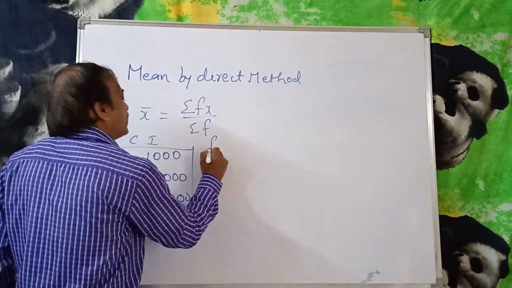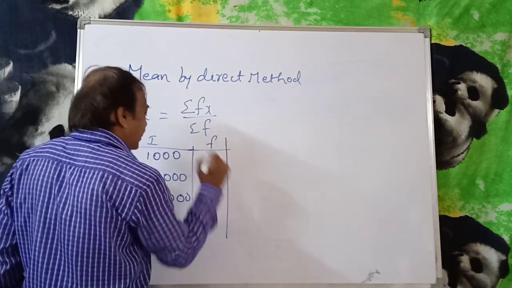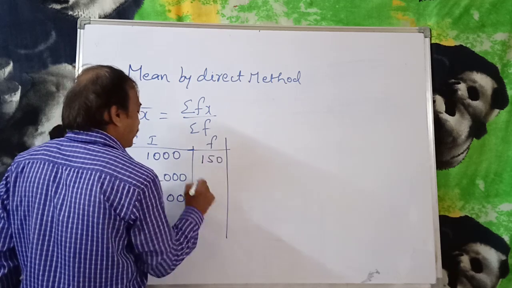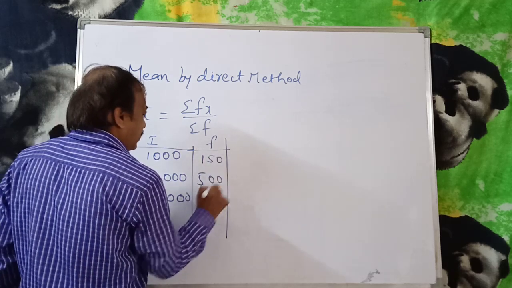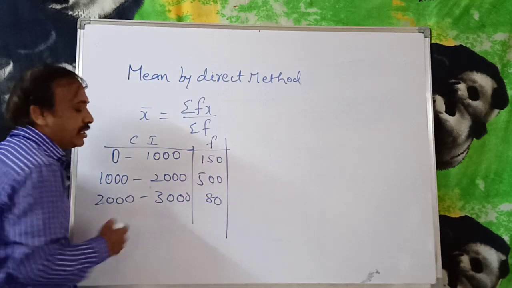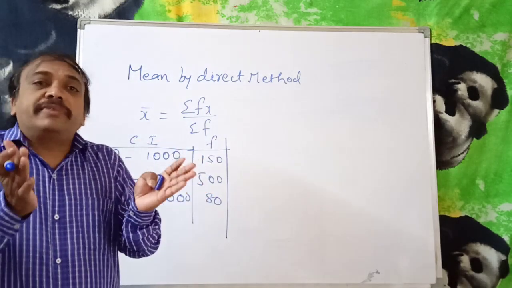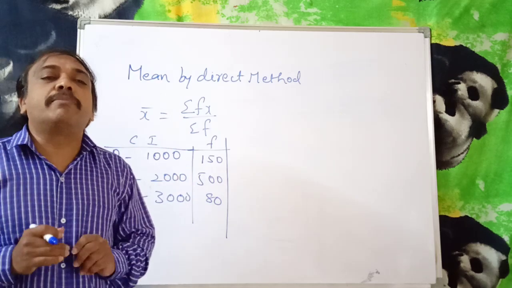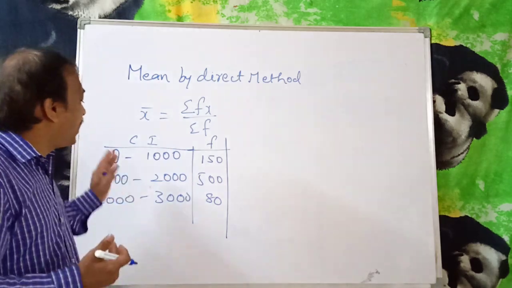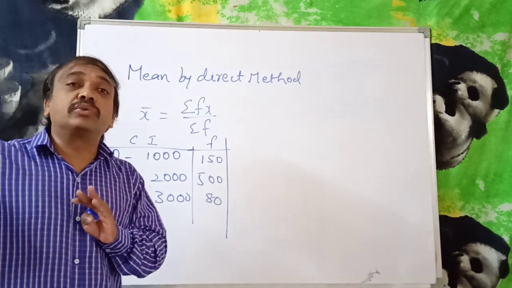And the corresponding frequencies are 150, then 500, then 80, and so on. When the class intervals, the groups, are very large, the information is big.